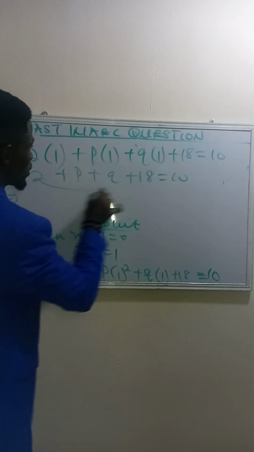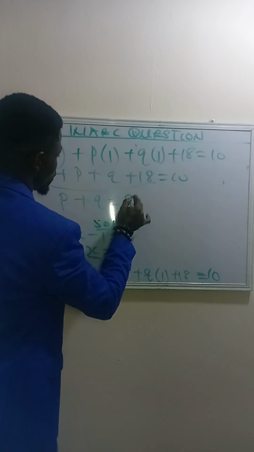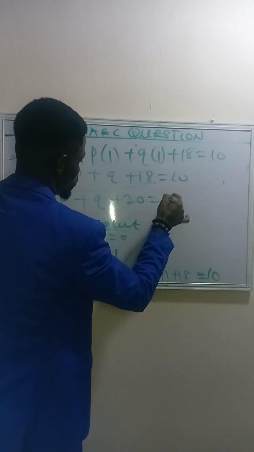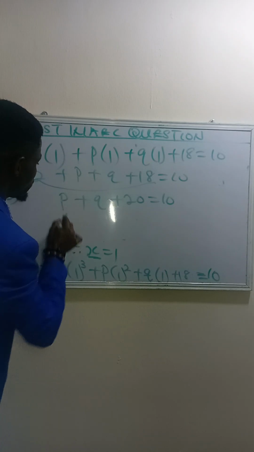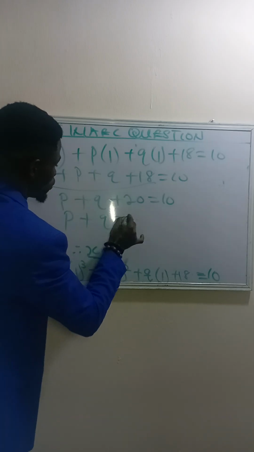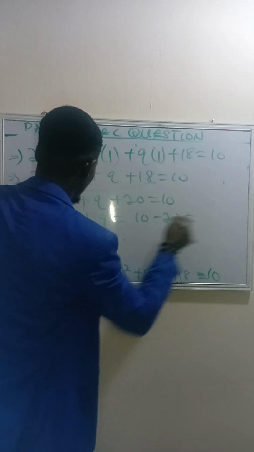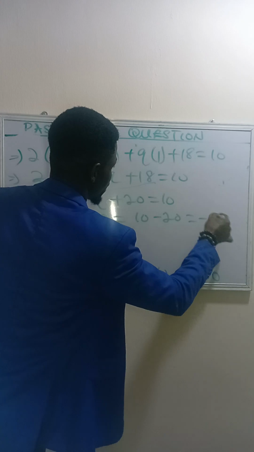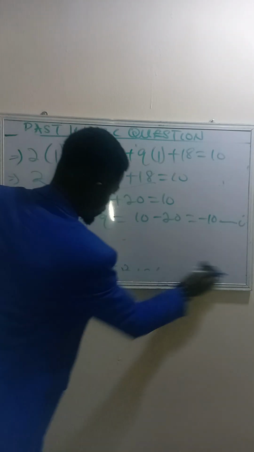You can add this together, which gives p plus q plus 20 equals 10. Collect like terms: 10 minus 20. Therefore we have p plus q equals minus 10, as equation 1.